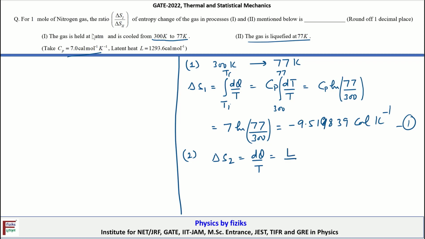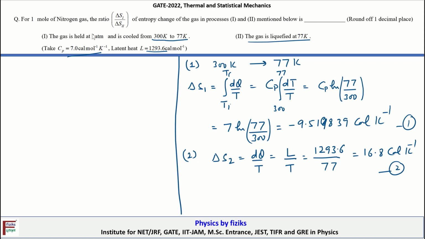So L by T, where the latent heat is given as 1293.6 calorie per mole, divided by the corresponding temperature which is 77 Kelvin, comes out to be 16.8 calorie per Kelvin. Let's call this equation 2.